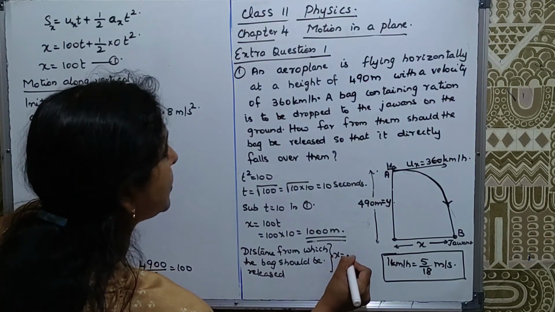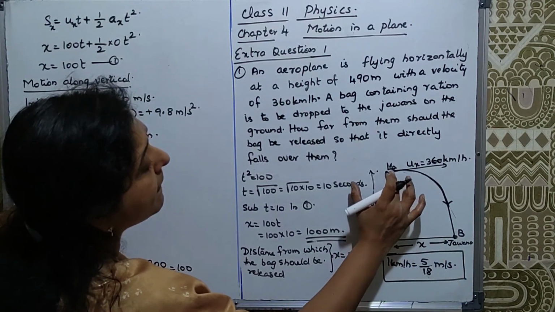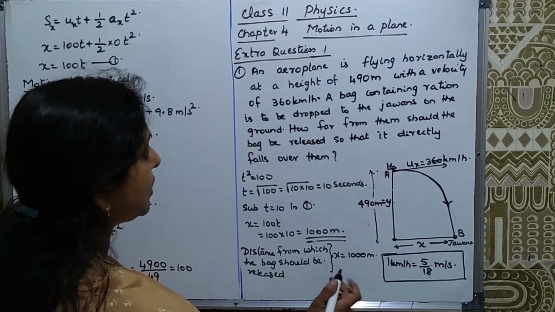That is x equal to 1000 meter. So that means the distance between the bag and the jawan should be the horizontal distance x equal to 1000 meter.